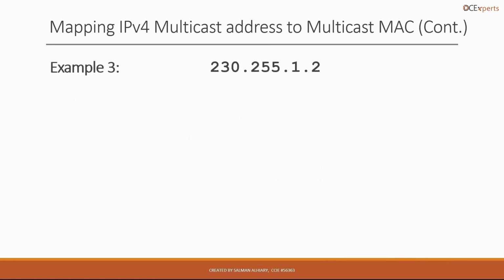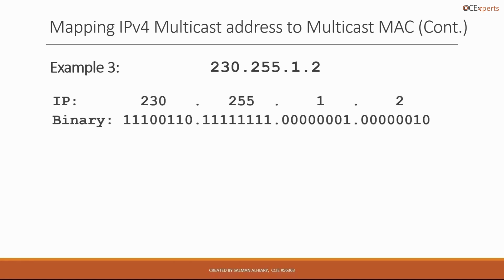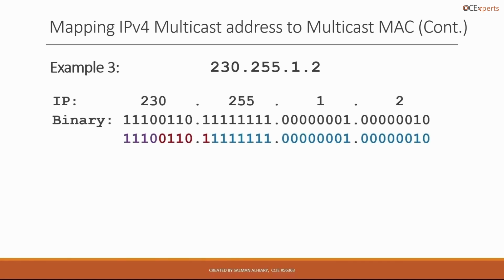Another example, 230.255.1.2. Convert to binary. Then the first 4 bits will be replaced by 01005E in hexadecimal in the MAC address. The next 5 bits will be 0, and the last 23 bits will be used exactly the same.